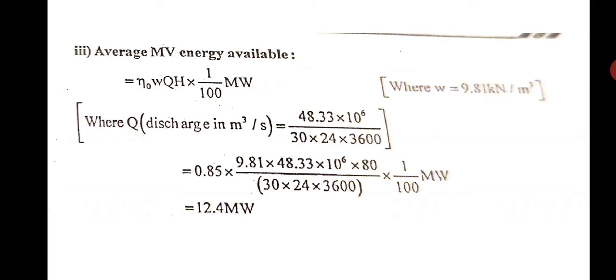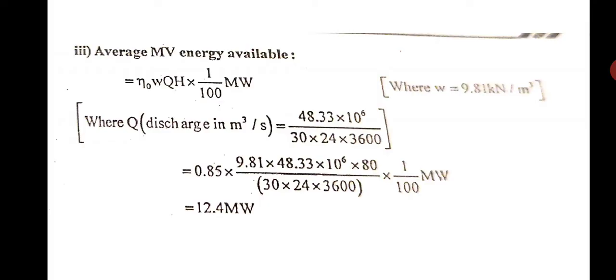Now you can see Q, discharge in meter cube per second, is given by 48.33. That million I have taken as 10 raised to the power 6, divided by, now to make it per second, you have to take 30 days in a month. So 30 into 24, because in 1 day there are 24 hours, and in 1 hour there are 3600 seconds, that is 60 into 60, 60 minutes and 60 seconds.